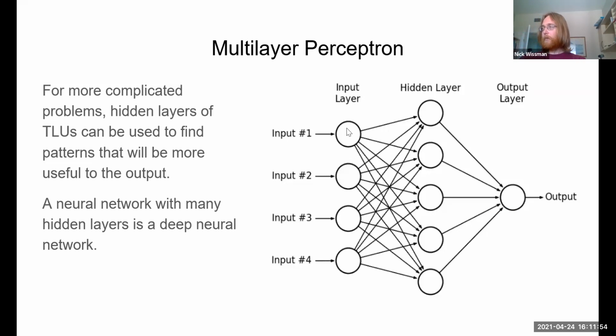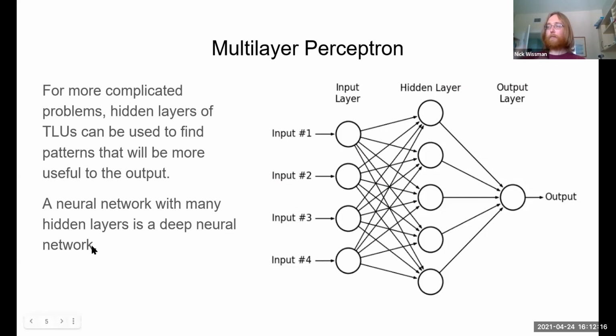This can often be solved by putting more layers into it, so that these inputs are interpreted into other values that have more meaning, and those outputs ultimately make a more informed output.